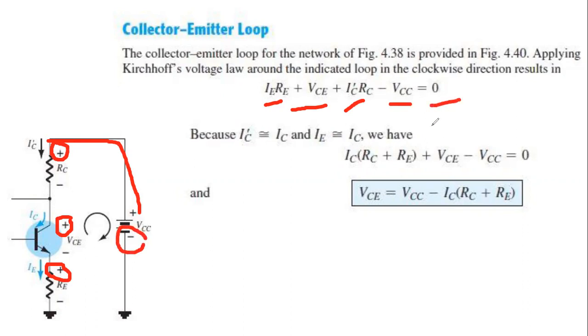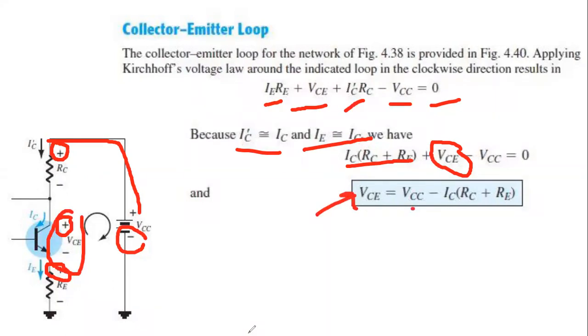Because we all know that IC prime equals to IC and IE is also equals to IC, our assumption, because the current of IB is too small, we replace these two currents by IC. Finally, we take the common of IC, and we need to find out from the output side the VCE, the output voltage, the voltage across collector to emitter. So the VCE will be equals to VCC minus IC (RC plus RE).